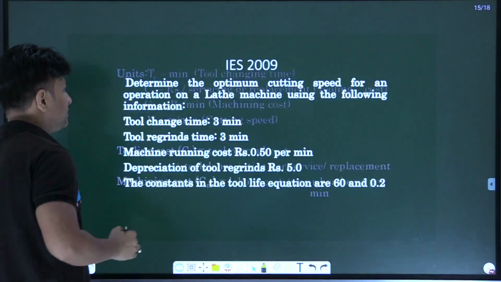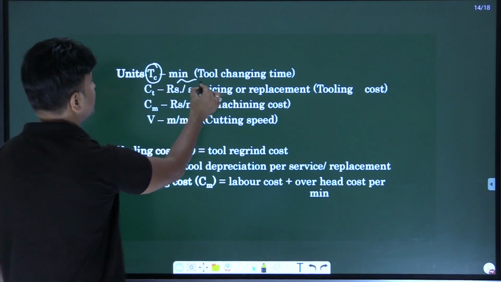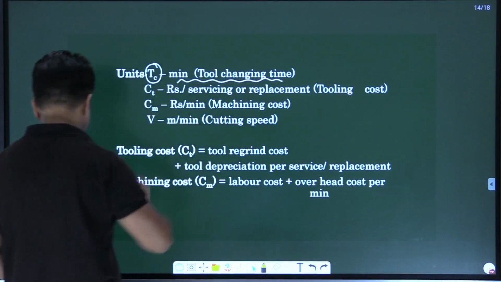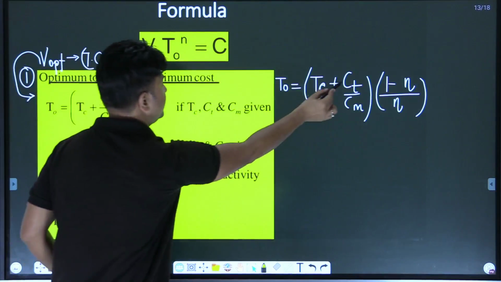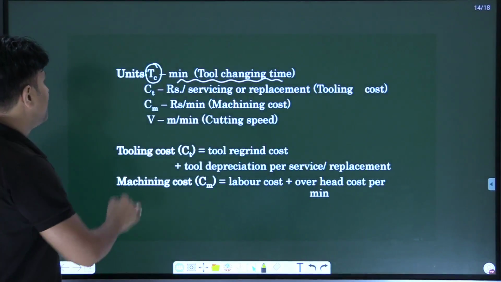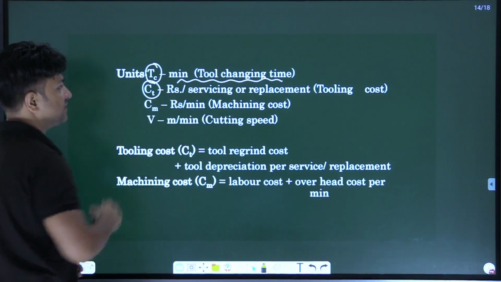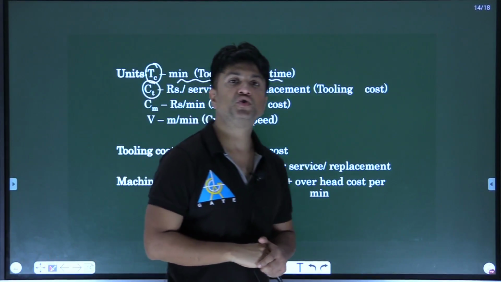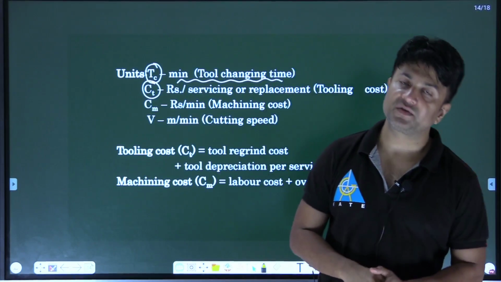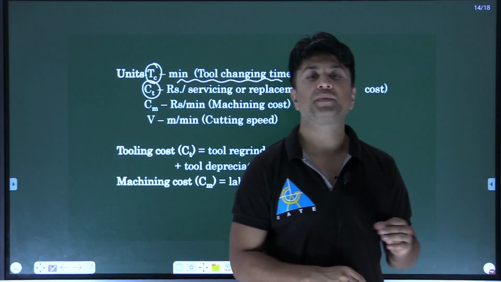So Tc is the tool changing time in minutes. Now Ct is the tooling cost. The unit is rupees per service. Suppose you are servicing a tool, so you will charge a person.